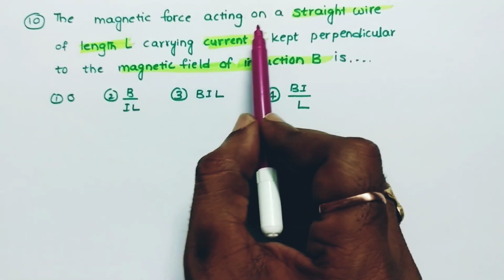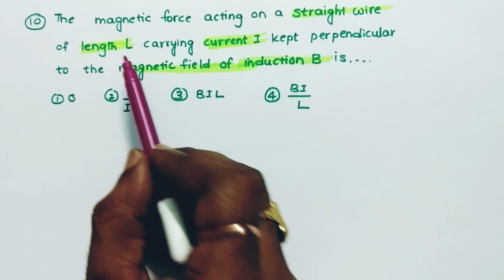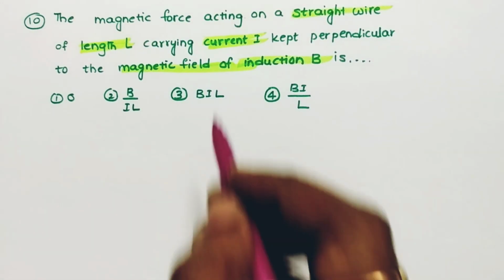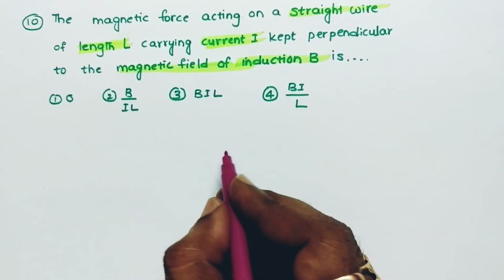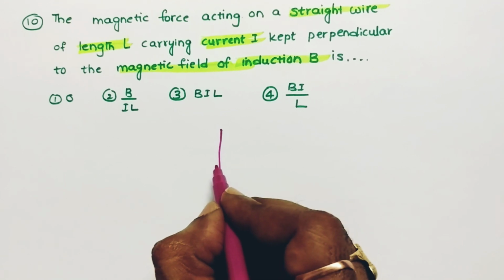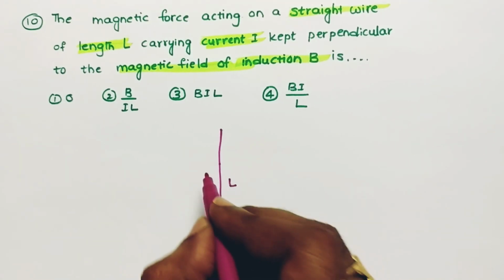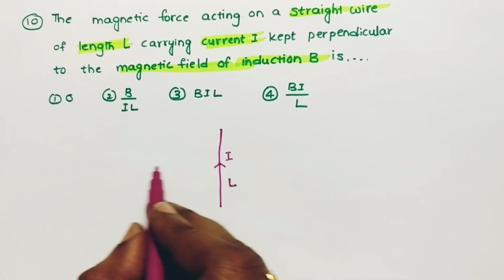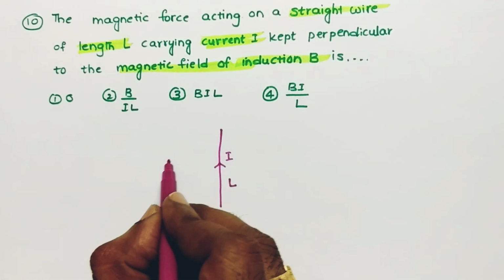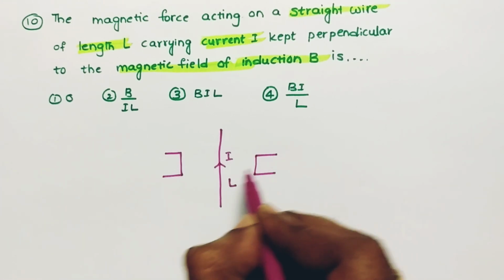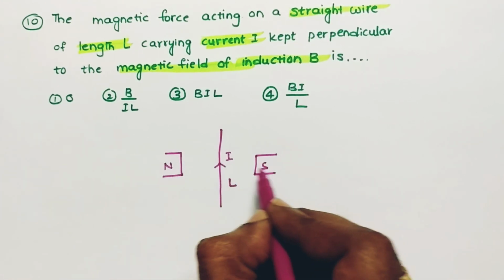The magnetic force acting on a straight wire of length L carrying current I kept perpendicular to the magnetic field of induction B is? Suppose here is a straight wire of length L carrying current I, and it is kept perpendicular to the magnetic field. This is the north pole and south pole.